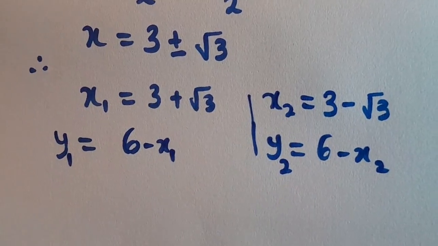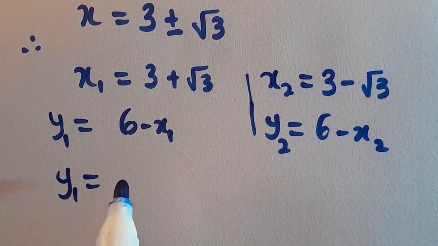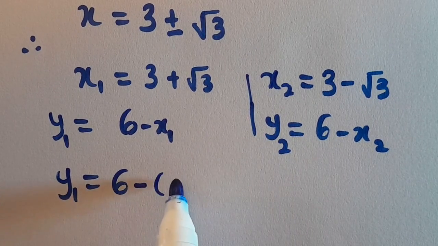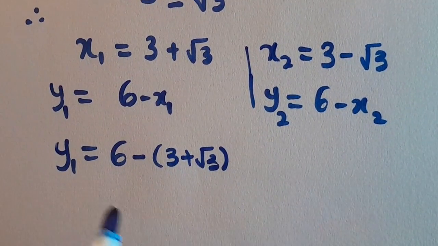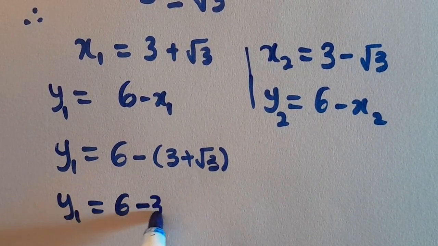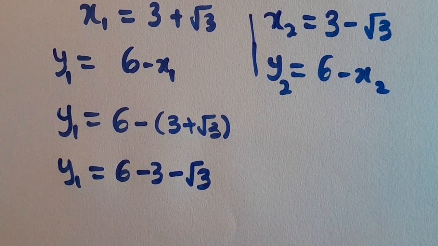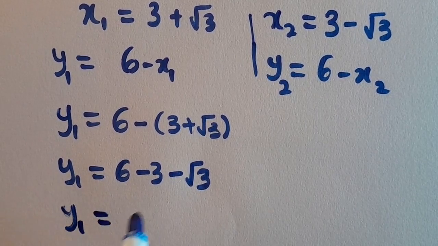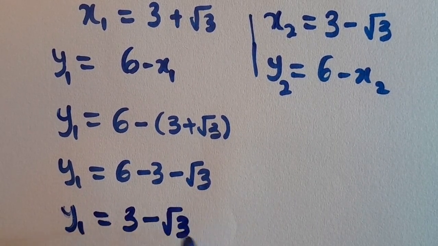So from here we have y1 equals 6 minus, into bracket of 3 plus root 3. We have y1 equals 6. By opening the bracket, you have minus 3 minus root 3. So therefore we have our y1 equals 3 minus root 3.